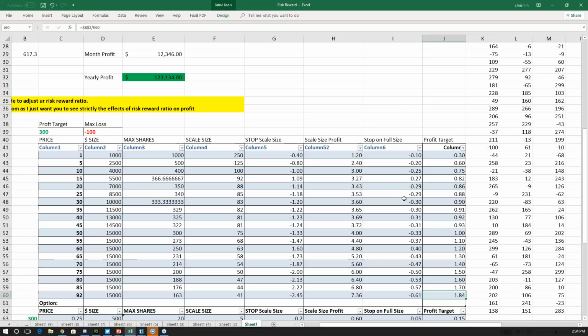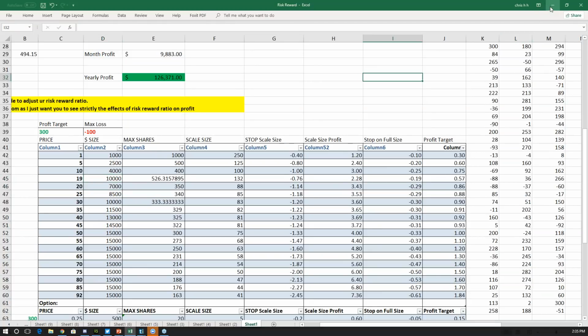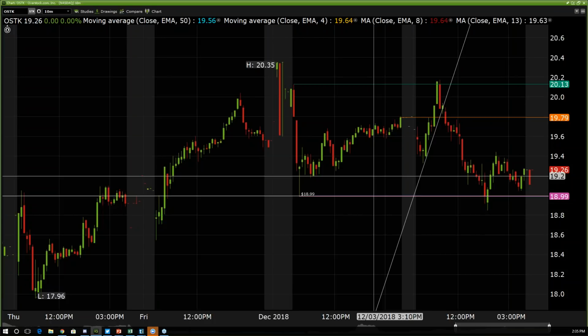Bring up your risk reward you have in front of you. Let's just make this an $18 or $19 stock. I'm just going to increase this just to make this example work. So you need 57 cents of room to the downside.